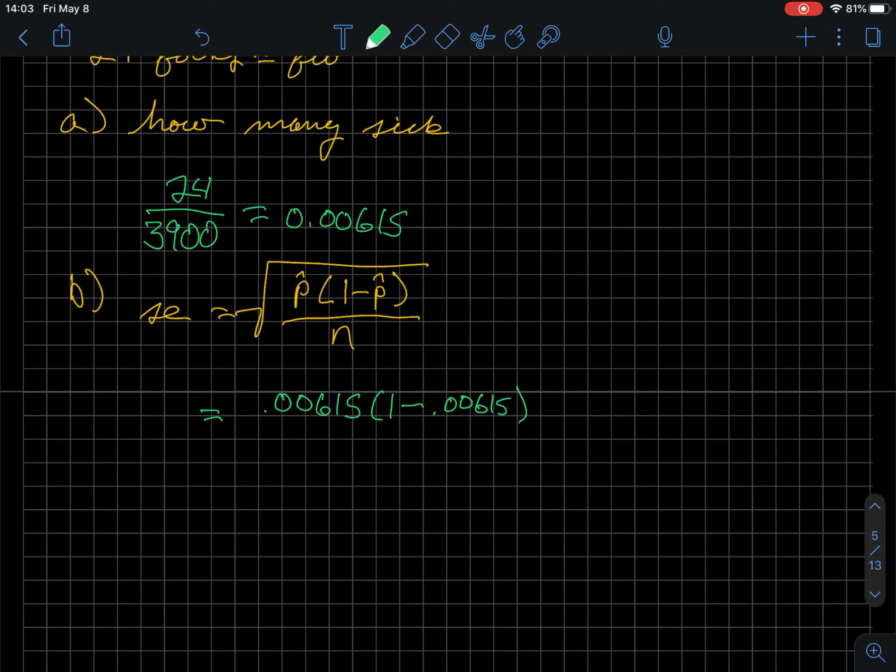Based on what we know from the study, there were 3,900 people, so we divide by 3,900, put it under the square root symbol, and we get the standard error equal to 0.00125.